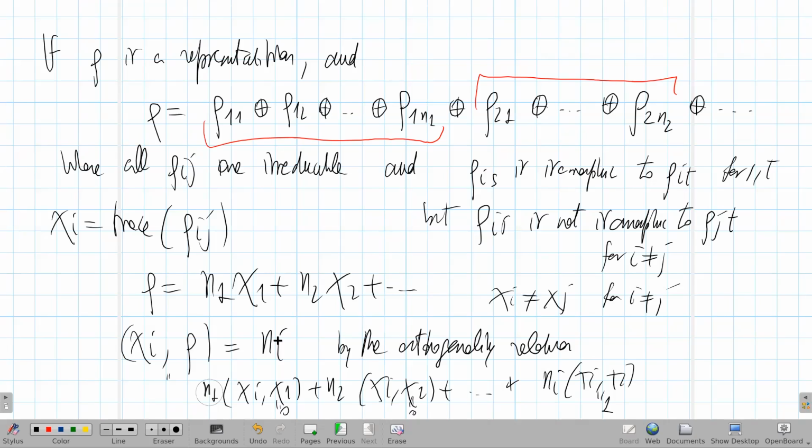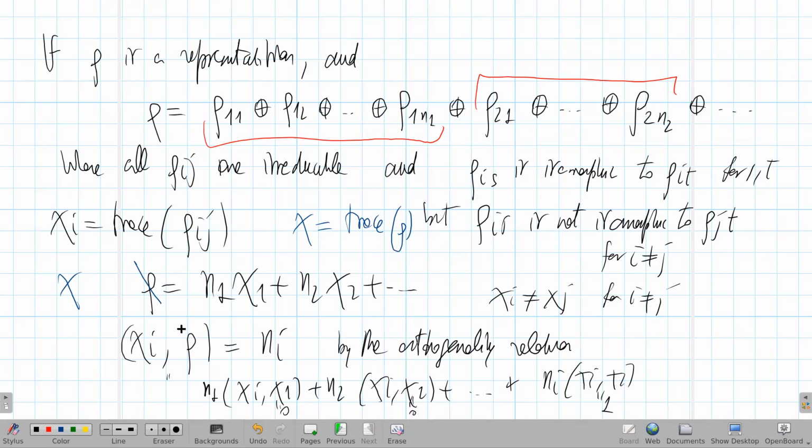So you want to know how many times an irreducible representation appears in a direct sum decomposition of a certain representation. You take the character. Sorry, since this is important, let chi be the trace of rho, the character associated to rho.